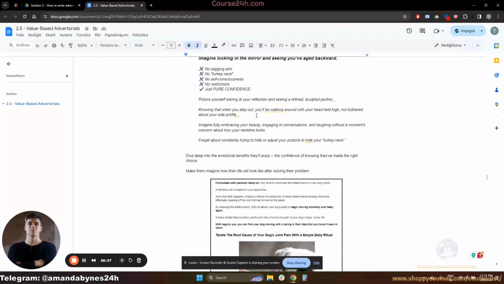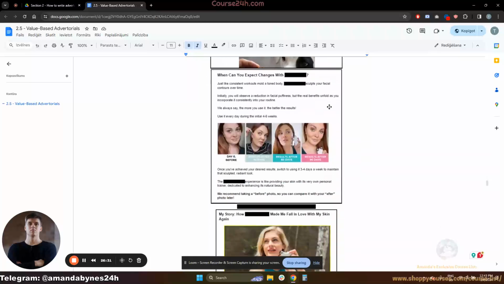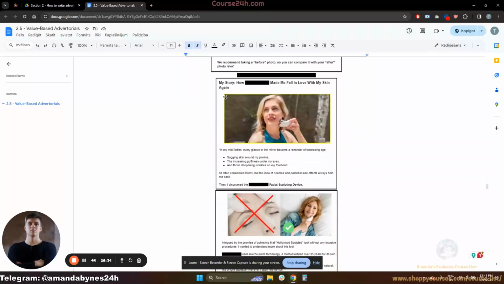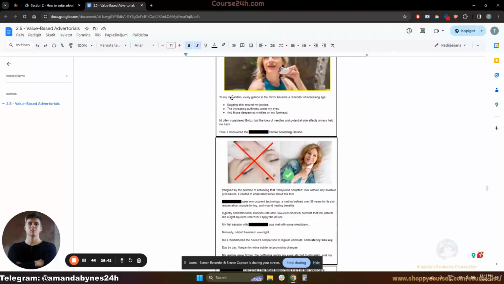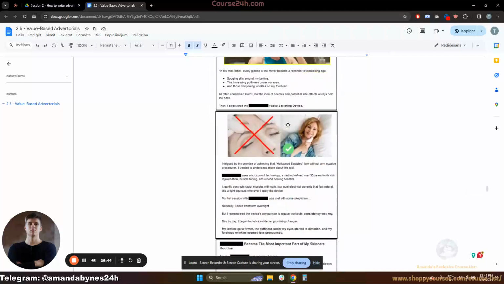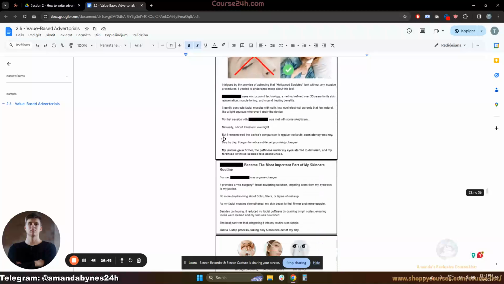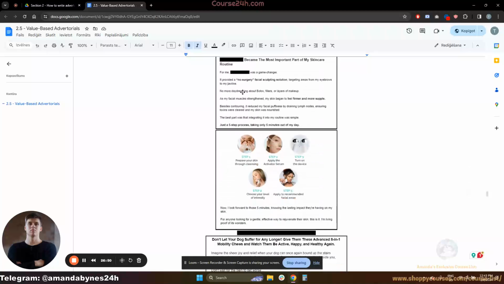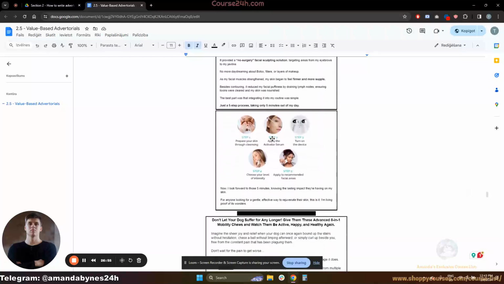Here's an example you can look over. A few of the examples. For example, here's a story: "My story, how this device made me fall in love with my skin again." See what pain points she experienced, what methods she tried, and how she then tried the product and how everything changed, how simple and great it was to use, what the benefits are, the step-by-step breakdown.